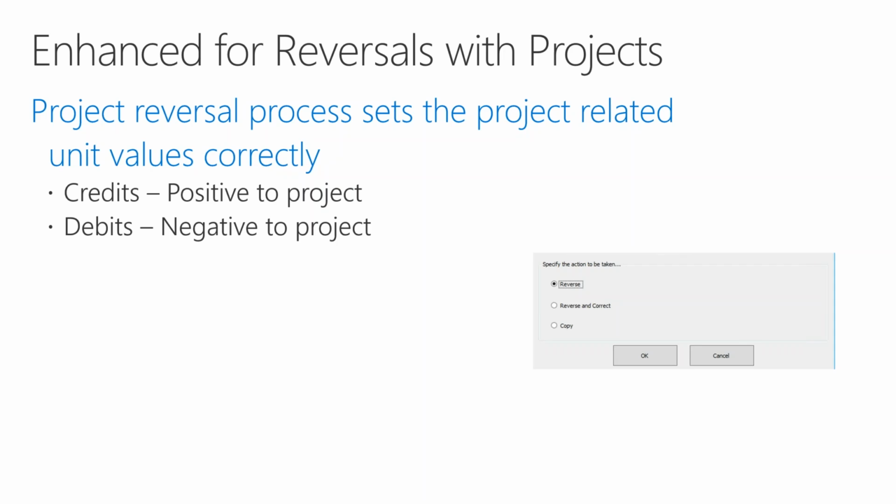So a credit inside of the general journal screen would become a negative to the project, and a debit would become a positive. Well, that's backwards, just the way things were originally written. So we've gone ahead, gotten the feedback, and now this means you can use these screens to adjust things for projects and know that it's going to flow back into the project correctly.